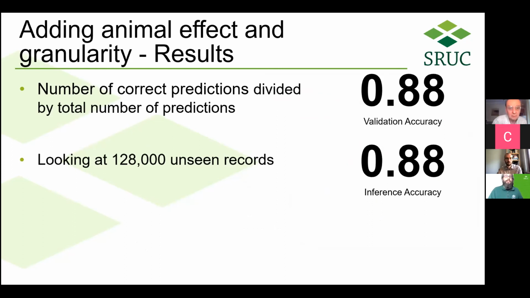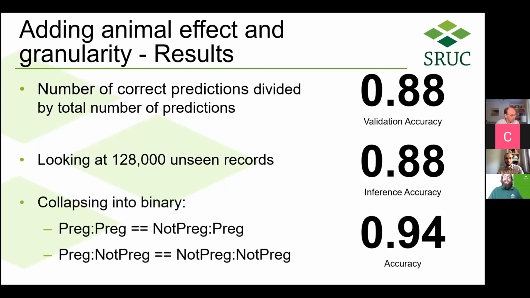So even though the validation accuracy wasn't as high, the accuracy of the inference, applying it to new data, was the same. And what we found is that if we collapsed the prediction back to binary after prediction, we actually saw an increase in accuracy of up to 94%. That was something quite interesting, and something that we're looking more into now.